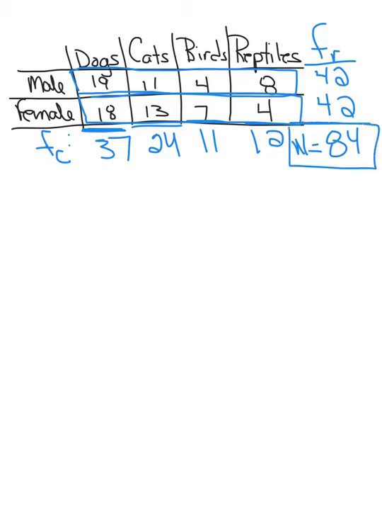Okay? So now that we have our frequencies of rows and our frequencies of columns, we can start using our expected frequencies equation. It's the frequency of the column times the frequency of the row divided by n, and that's for each cell. This is where I often number my cells, just to make my life a little bit easier.